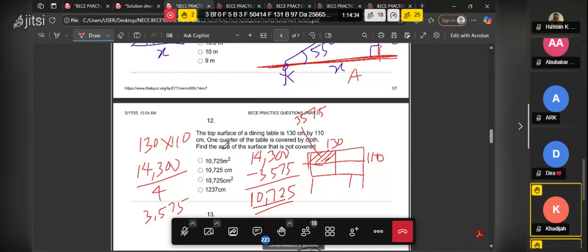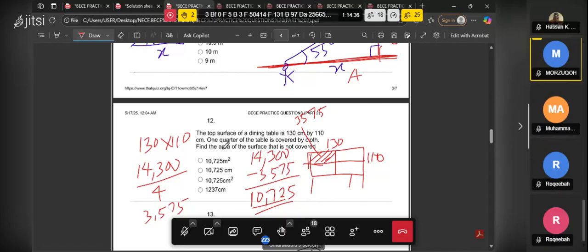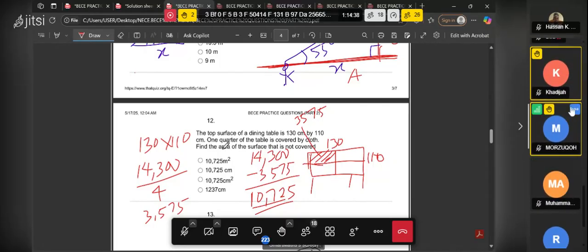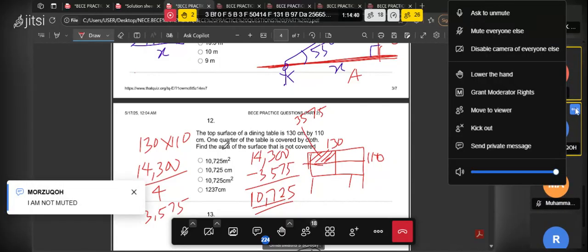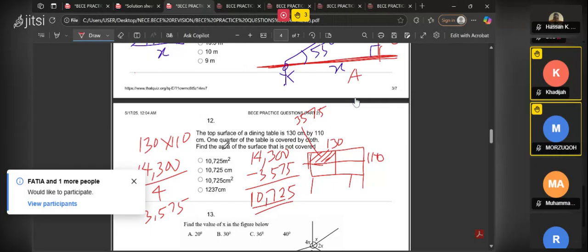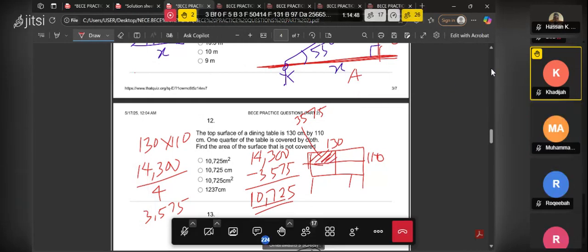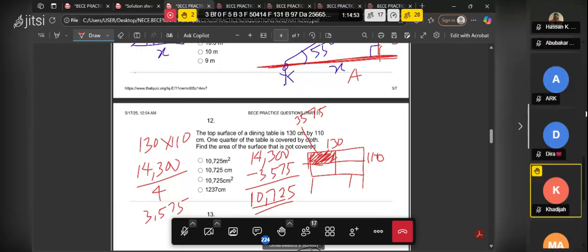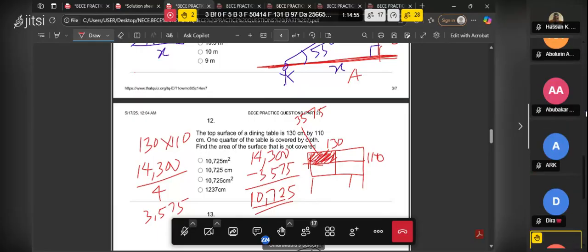Now, 1/4 of that area, the top of the table, is covered with cloth. Find the area of the surface that is not covered. So that is the area I did not shade. I shaded all these parts.